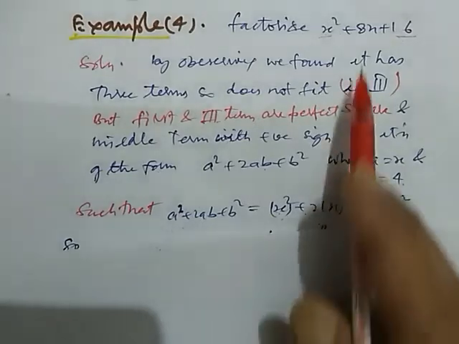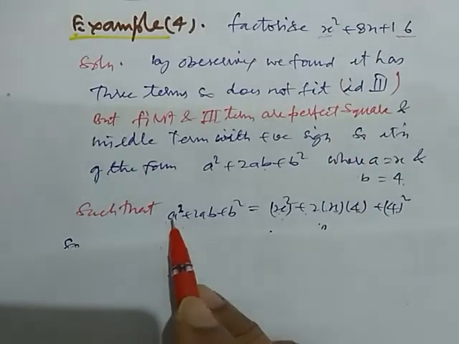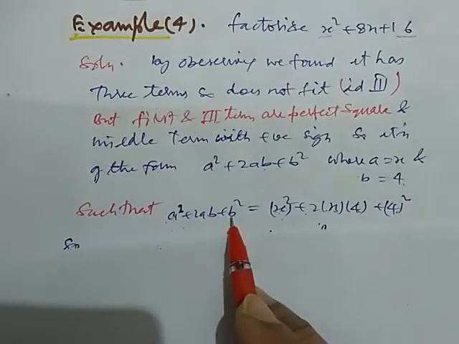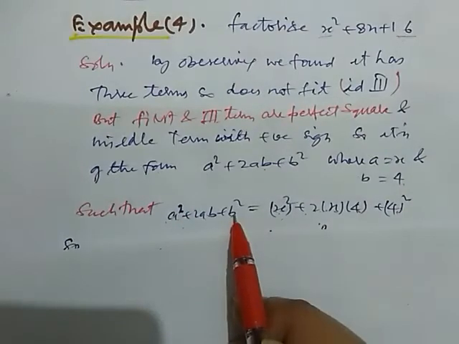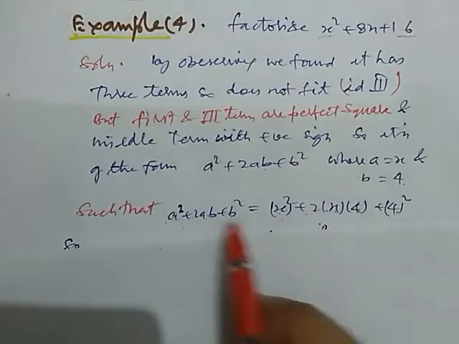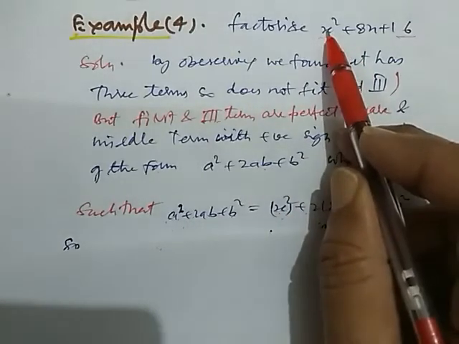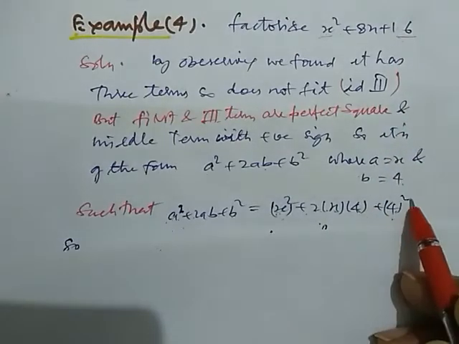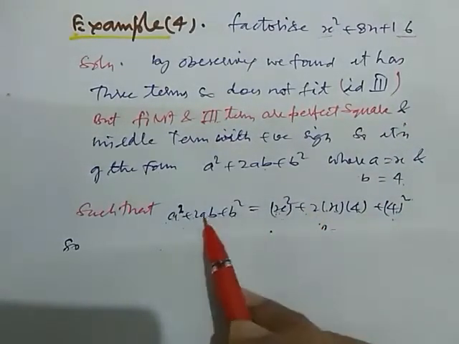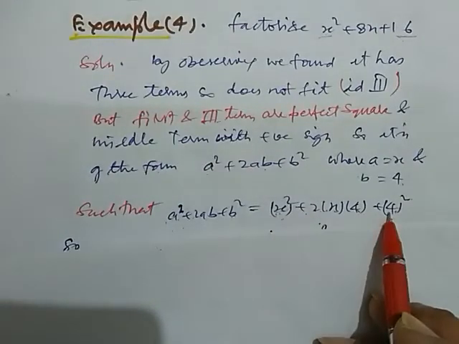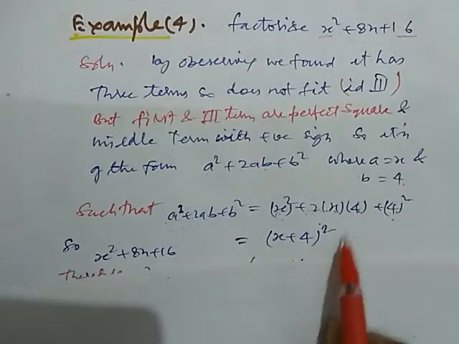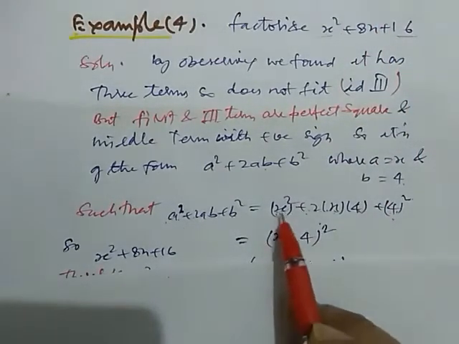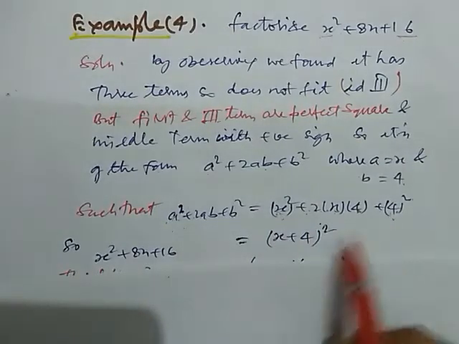This way we can represent our expression in the form of a square plus twice ab plus b square. Again I repeat, here the first term is a whole square, the third term is a whole square, and the middle term is twice ab. Here the first term is x whole square, and the last term is 4 whole square. So twice a and b, here this is a and this is b. So we get twice x into 4, 4 into 2, 8x, which is equal to this. So we can write this as x plus 4 whole square.